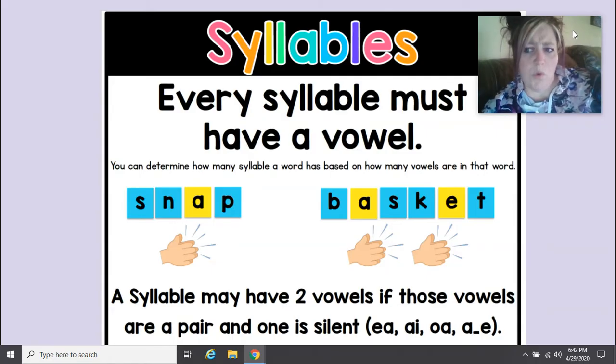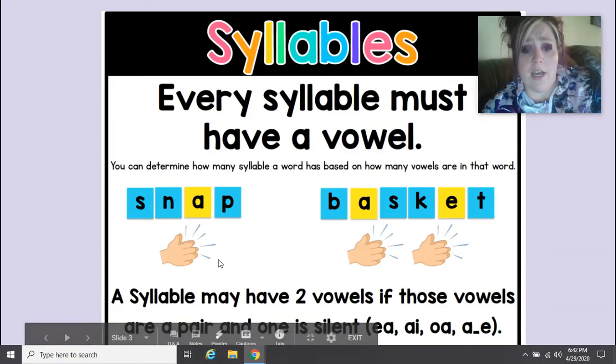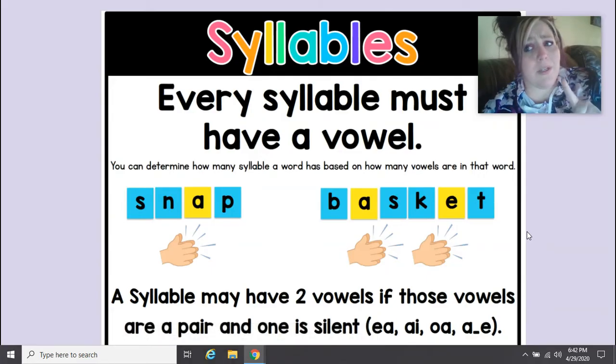Based on this rule, Zeus sounds like he only has one vowel, but Zeus is actually spelled Z-E-U-S. So he has a vowel team in the middle of his name. So he has two vowels, but only one syllable. So that's where that rule comes into play. But typically speaking, you will know how many vowels it has based on how many syllables.